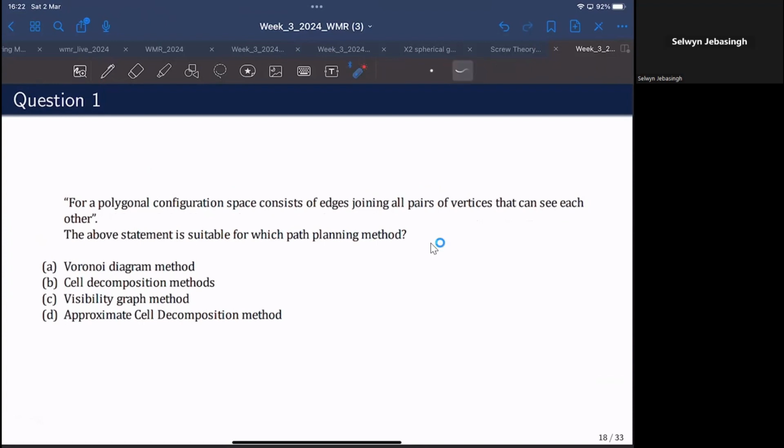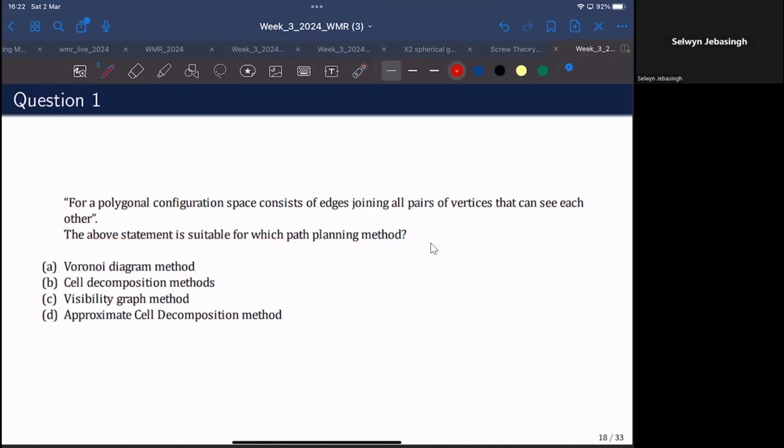The first question says, for a polygonal configuration space consisting of edges joining all pairs of vertices that can see each other, this statement is suited for which path planning method?